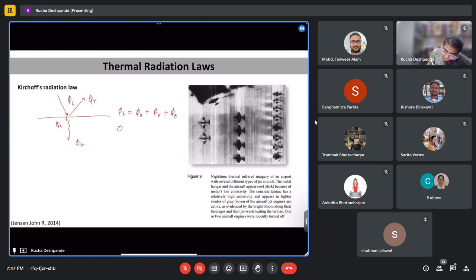Now we divide by phi I on both sides. Right, so we have 1 equals alpha lambda plus r lambda plus tau lambda. These are the spectral absorbance, reflectance, and transmittance.